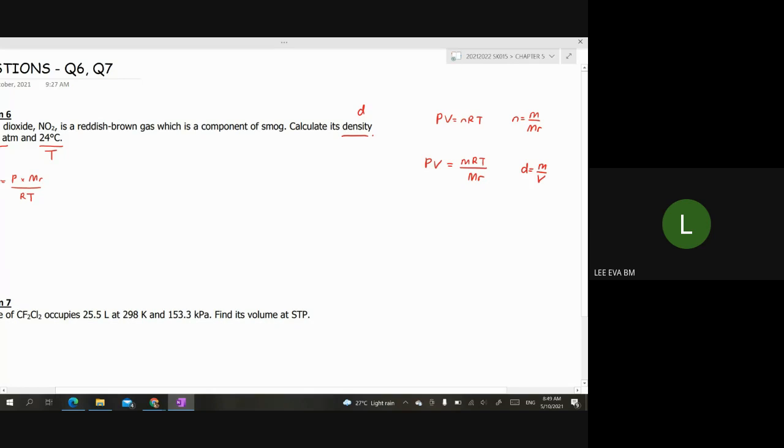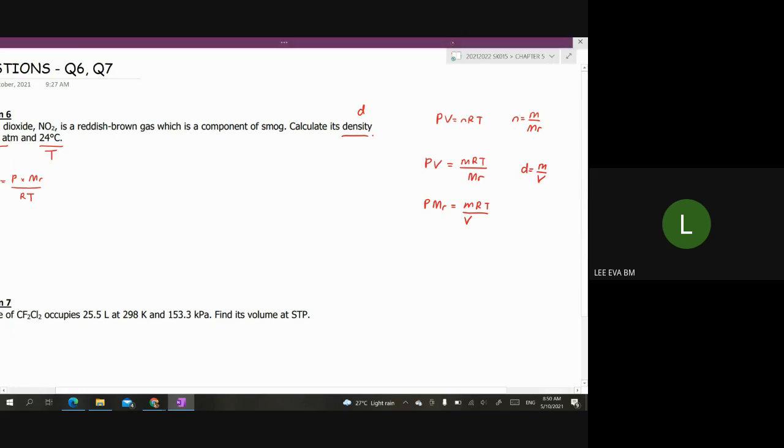Because we want the symbol D inside the formula, we try to rearrange a little bit. We change the position between the volume and the molar mass. Then here you go. You will see the m over V, which is similar to the density formula.